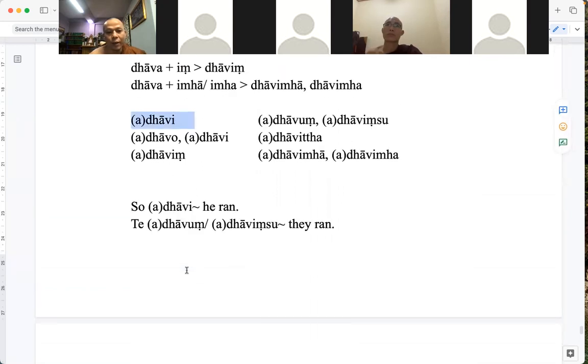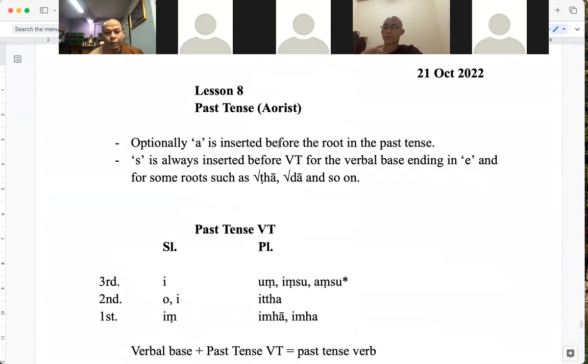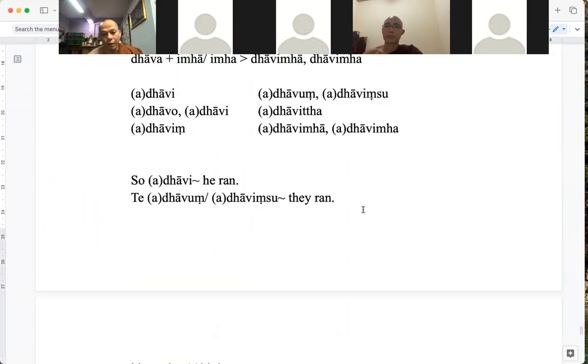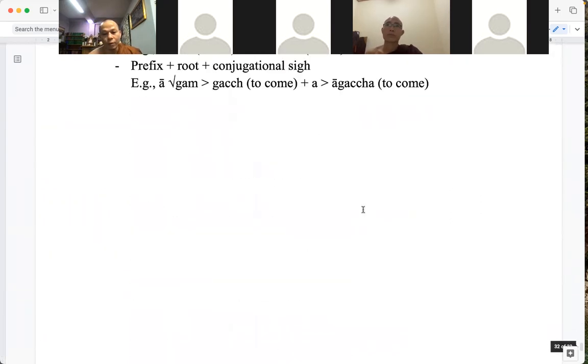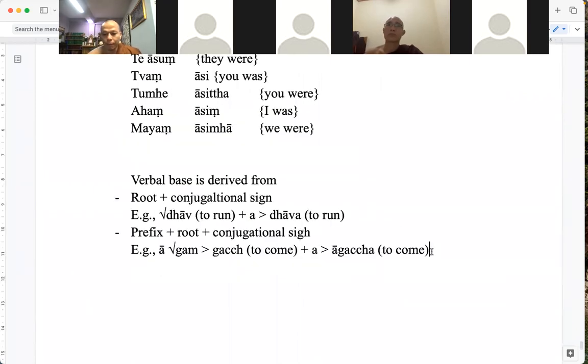Okay. Here, especially, I told you before the root. For example, the root is vis with the prefix pa. The meaning of prefix pa with root vis is to enter, to enter a village or a house.